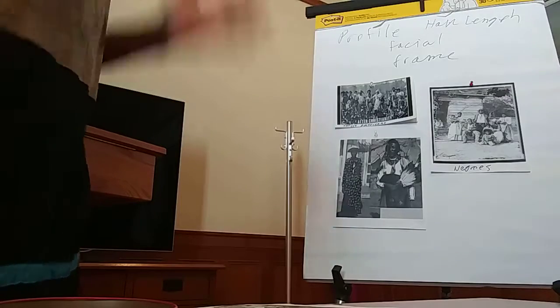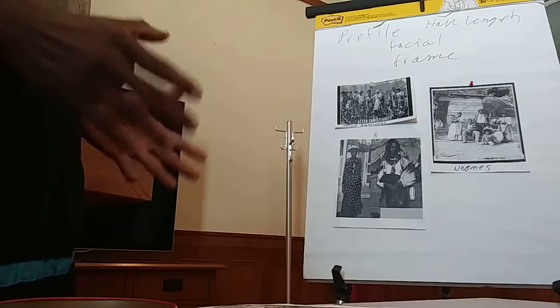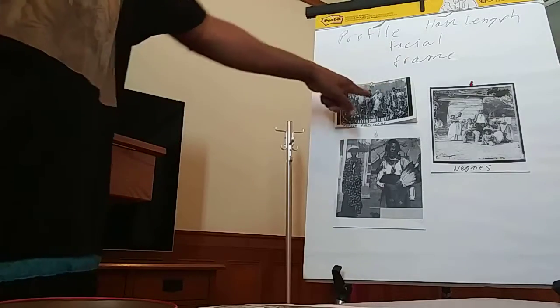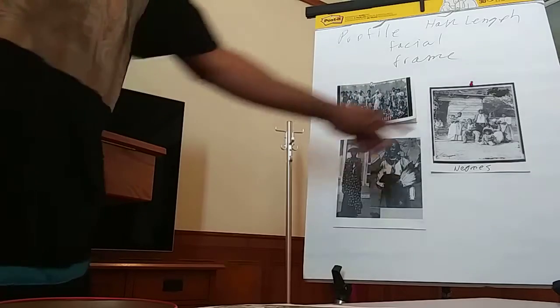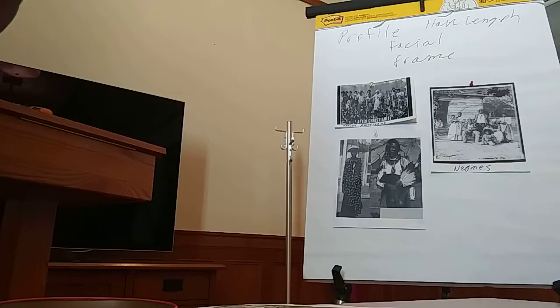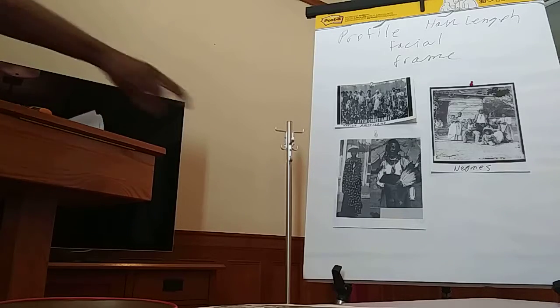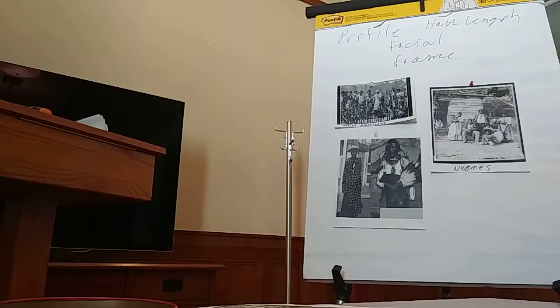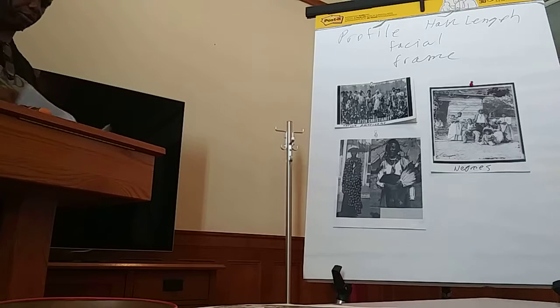Y'all do not have the same body frame. Body frame is very, very important. Look at all these women's body frames and look at these women's body frames. It's not the same. She's the daughter of this Blackfoot chief. She's the daughter of a Blackfoot chief.